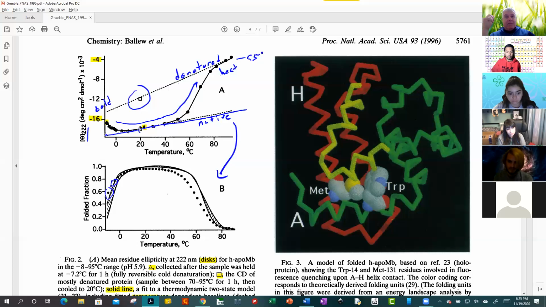You can estimate the amount of alpha helix and beta sheet from that CD spectrum. And if you want to, you can reduce that entire CD spectrum into an ellipticity value, a one-dimensional parameter. And that's what Greubele did here.